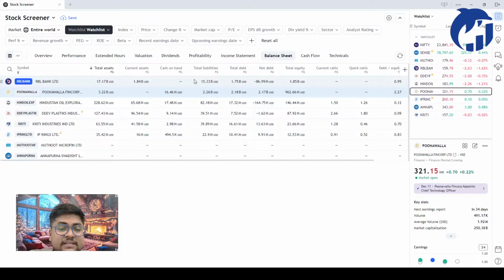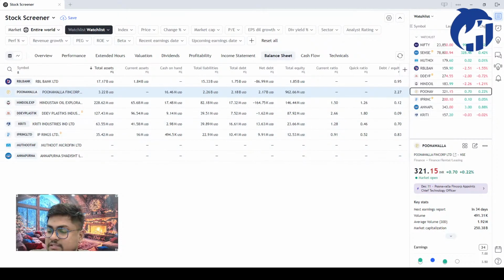If you look at the liabilities, RBL Bank has a liability of 15.333 billion USD, Poonawalla has 2.26 billion USD, Hindustan Aerospace has 82.18 million USD, and DDV Plastic has 39.51 million, as compared to the 127.43 million USD in assets.